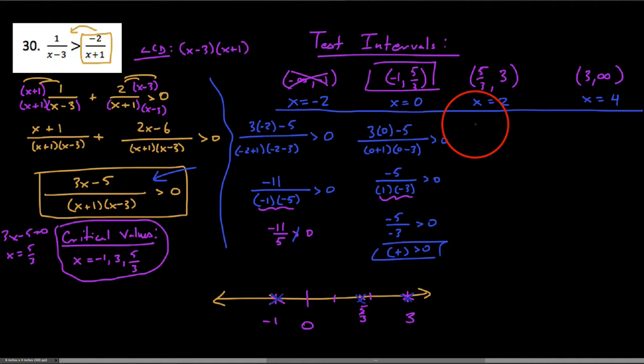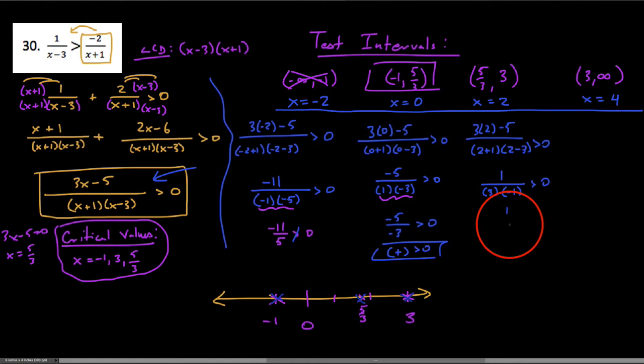Let's keep going. So we'll test 2. 3 times 2 minus 5 all over 2 plus 1, 2 minus 3 is greater than 0. So we would get 6 minus 5 all over 2 plus 1 times 2 minus 3. And so what we get is a positive over a negative, which would not be greater than 0. So this is false, and again, we would reject this as a solution interval.